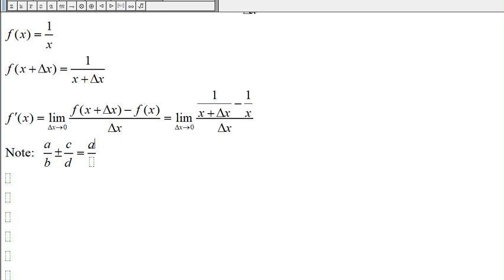So this is going to be a times d, and then plus or minus b times c, and divided by b times d. So it'd be just cross multiply a times d, and then b times c, and then divided by the product of the two denominators.